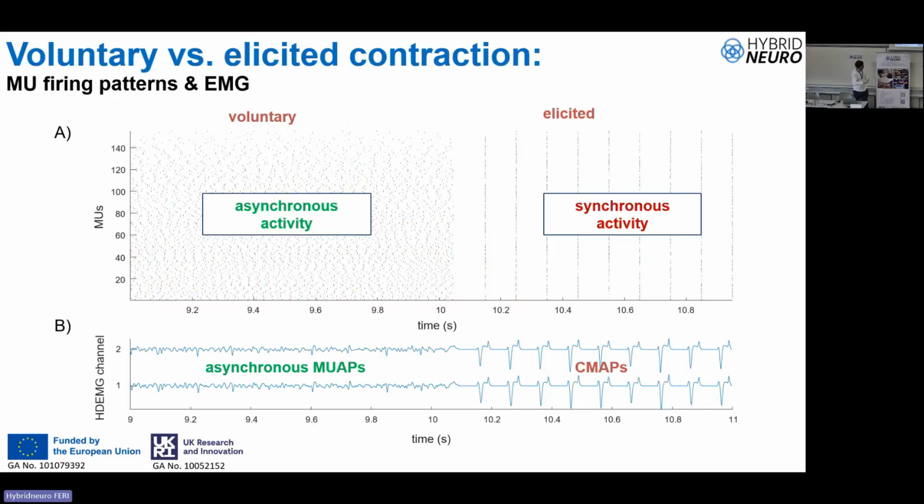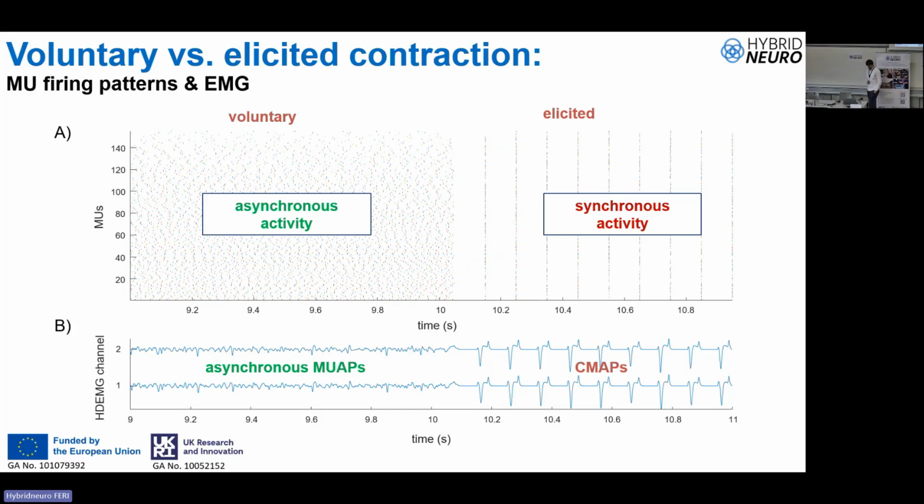If we take a look at the example we have here, we see that on the voluntary part we have a lot of sparseness. We have a lot of asynchronous activity. But when we go to the elicited contractions, we see that the motor unit firing times become very synchronous.